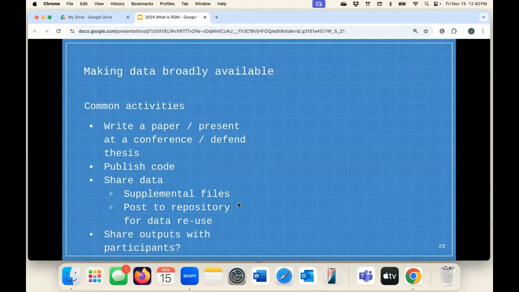So if you've done a survey on, I don't know, people with allergies of a certain variety, you might have said, in return for participating, you will get early access to the information that we find. And obviously, if they're someone with a specific affliction, they would want to hear as much as possible. What are you going to do about it, right? So that can be part of this making your work available stage.